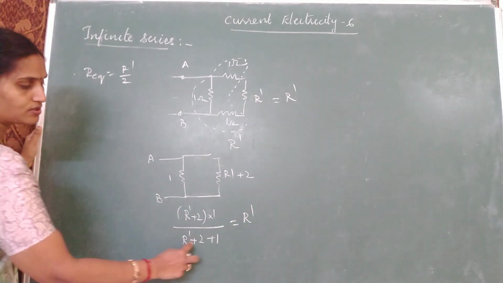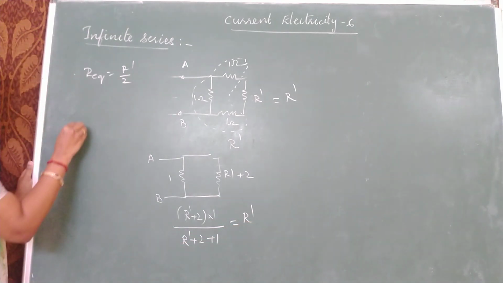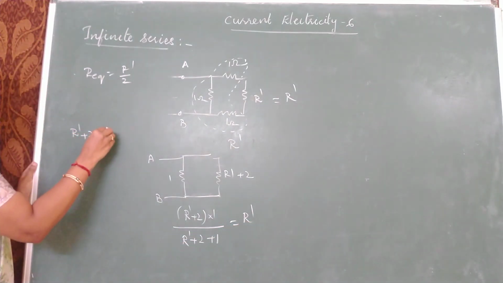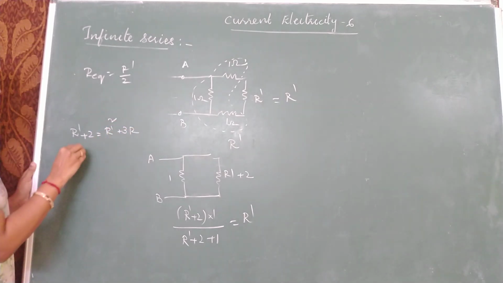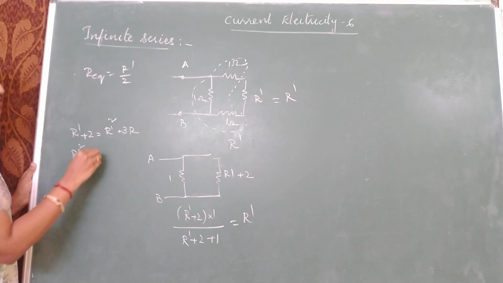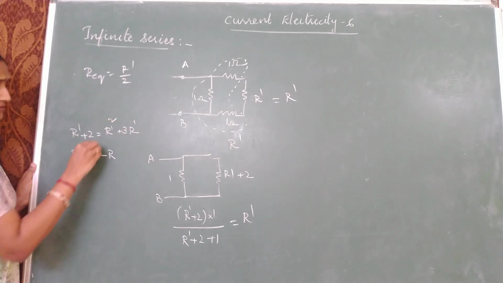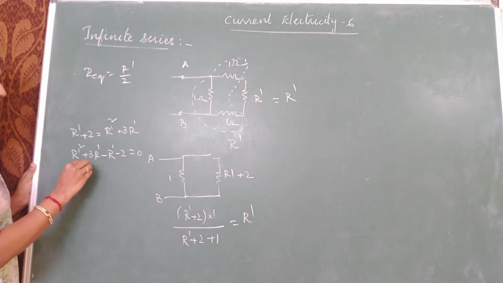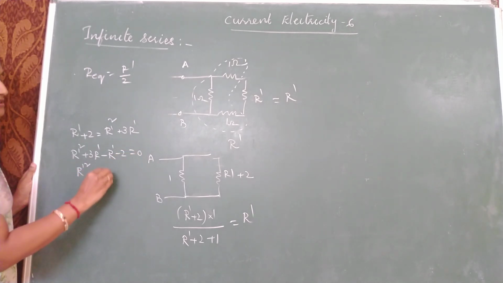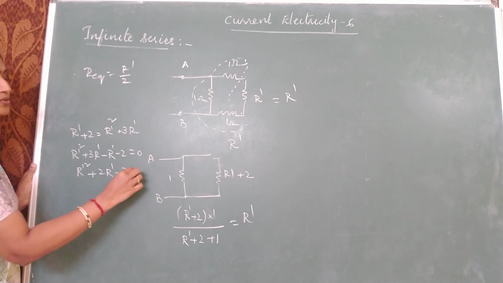Calculate the value of R dash, cross multiply. R dash plus 2 is R dash square plus 3R, minus R dash minus 2 is 0, or R dash square plus 2R dash minus 2 is 0.